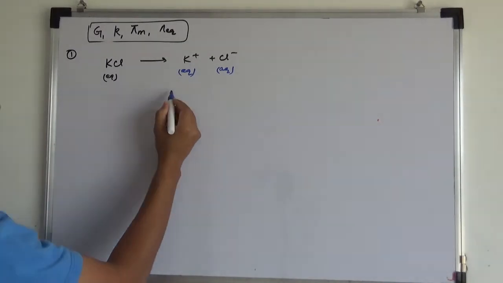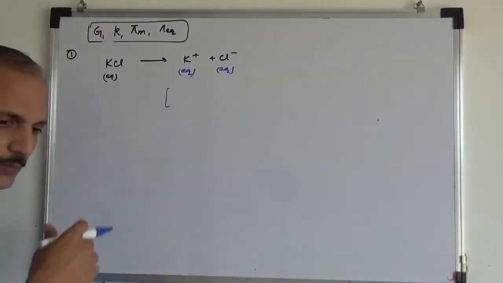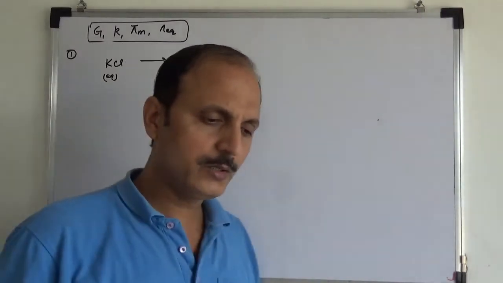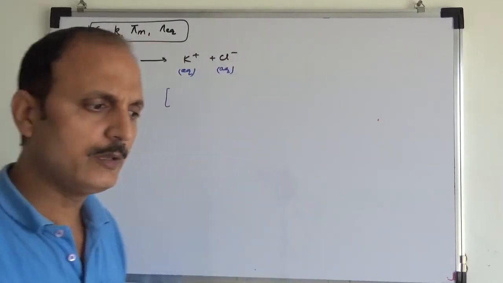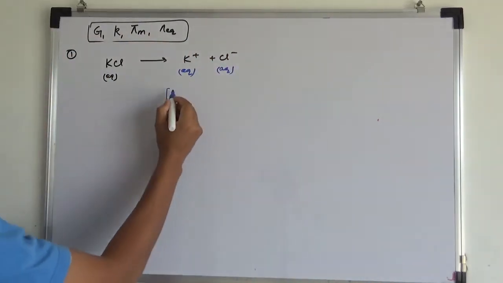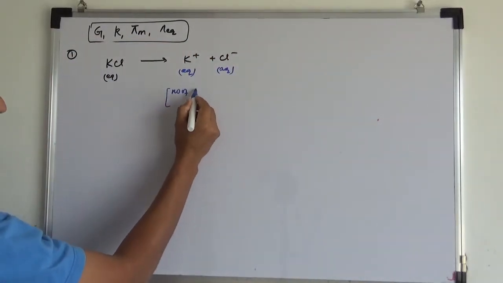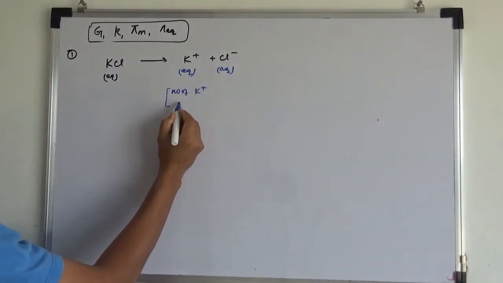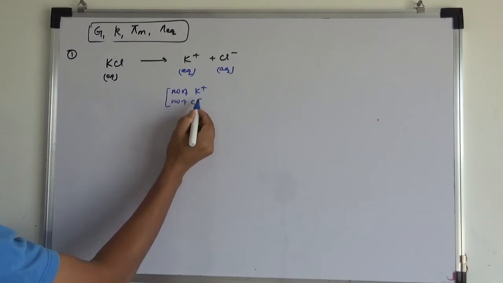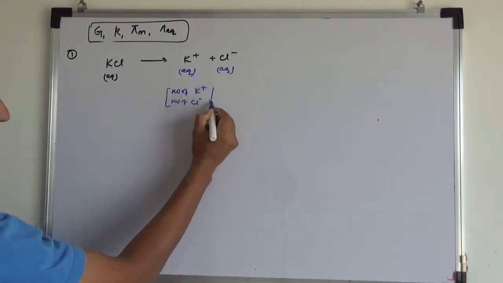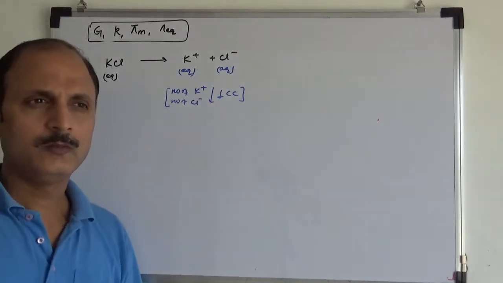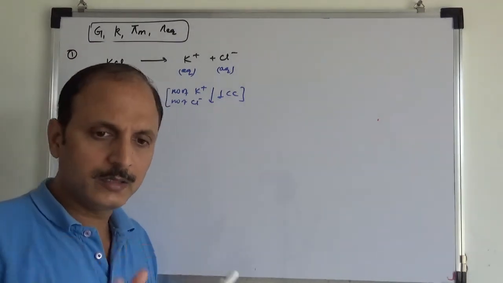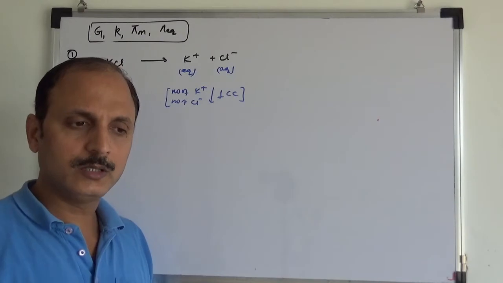As you dilute the solution, dilution meaning you are increasing the volume of the solvent, the number of K+ and the number of Cl- is going to decrease in 1 cc of the volume, because you have increased the volume.